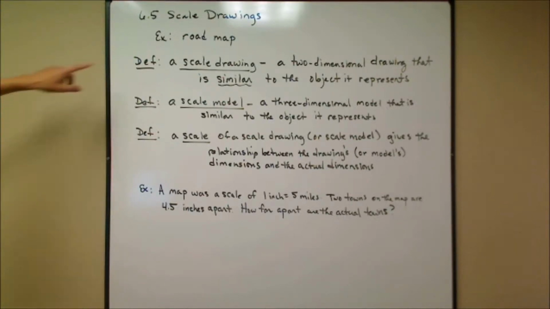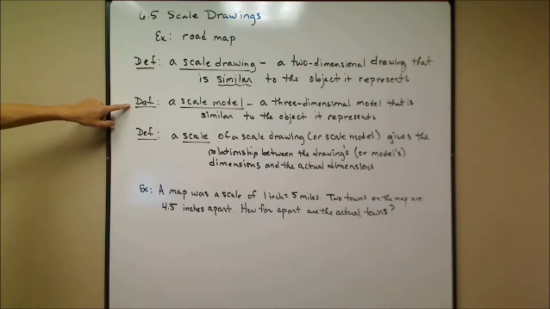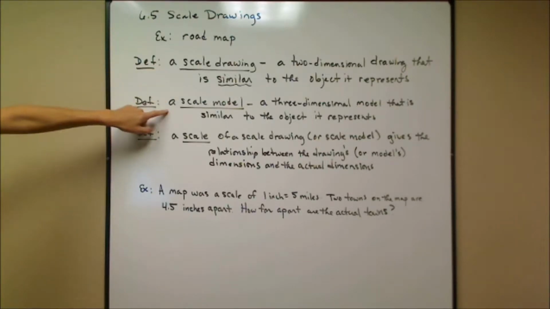This is before the GPS and all that came into play. Now, a scale drawing, like a road map, is a two-dimensional drawing that's similar to the object it represents. A scale model, now we're going from 2 dimensions to 3 dimensions, is a 3-dimensional model that's similar to the object it represents.